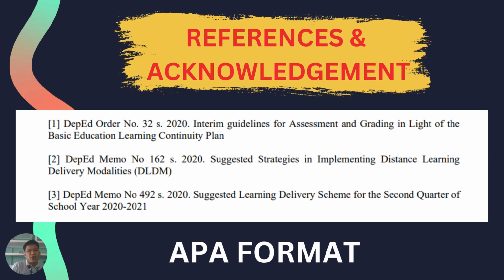If you're going to use Google Scholar, there is a certain part that you can just click the citation, then click the APA format, then paste it on your Word and arrange it properly according to the given format. And you need, at the same time, to have your acknowledgement. You need to give credits to those people who helped you along your journey of your research.